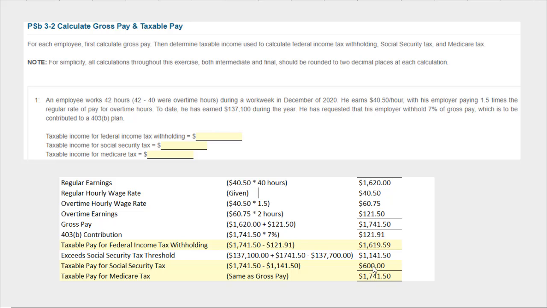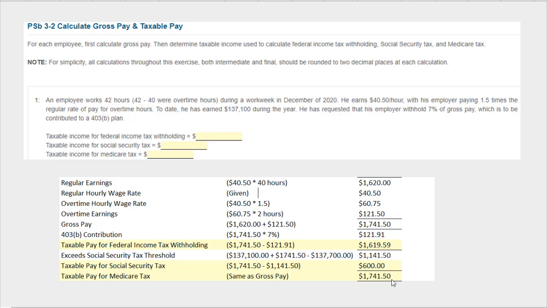That's different from Social Security tax because Social Security tax has a wage threshold. And because our current pay brings our year-to-date over the threshold, a portion of it will not be taxable, but a portion of it is still taxable for Social Security tax. That is $600. Whereas for Medicare tax, the full amount of the current pay is subject to Medicare tax.